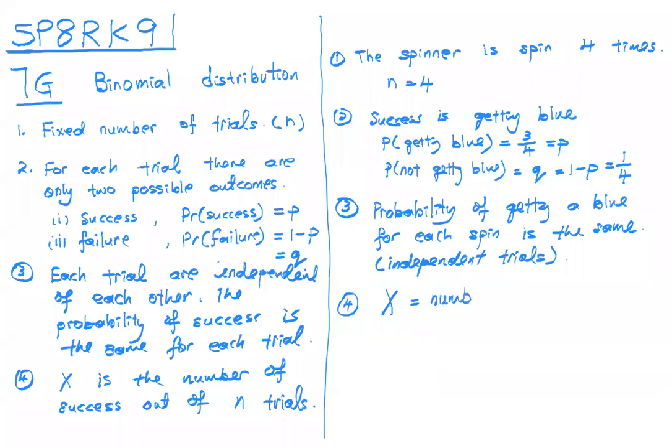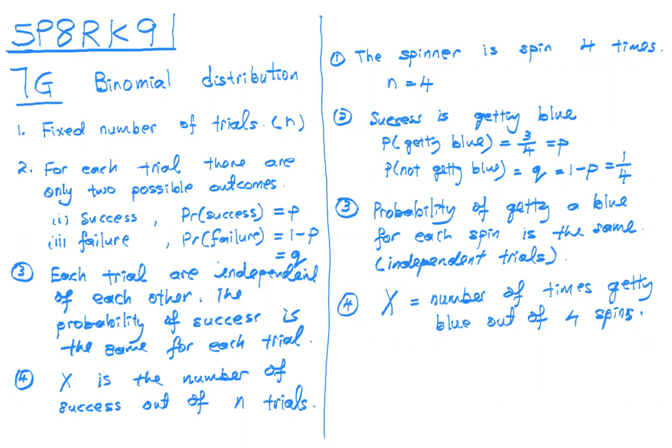Number of times getting blue out of how many spins? 4 spins. Right, out of 4 spins. Correct, I spell spins, S-P-I-N-S, 4 spins. Okay, got it?